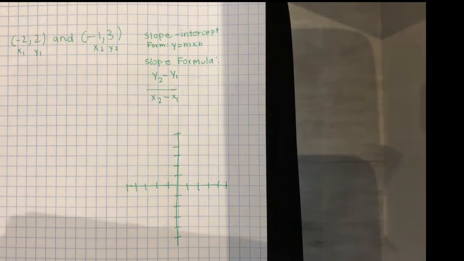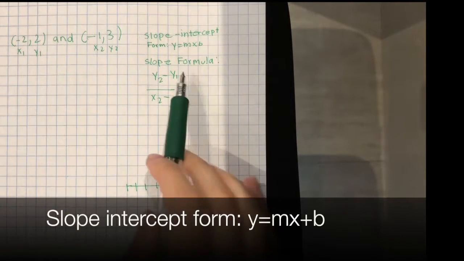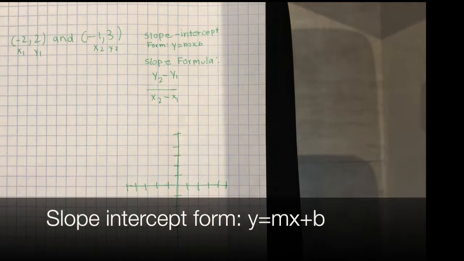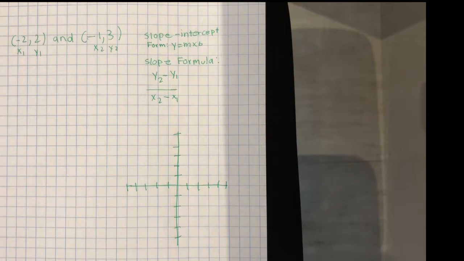In problem 3, we're going to write a linear function in slope-intercept form. Slope-intercept form is y equals mx plus b, as I've written here. Our first step is going to find the slope by using the slope formula, which is y2 minus y1 over x2 minus x1.